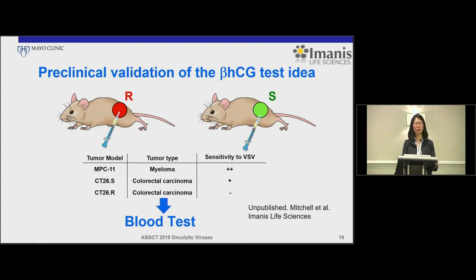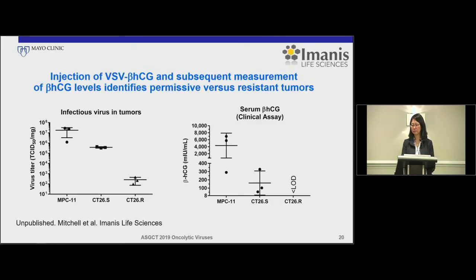So we had our models here, MPC11, the myeloma model that you have seen is highly permissive. CT26 that's sensitive is a colorectal murine cell line, sensitive to VSV, not as much as MPC11, and the resistant clone of CT26. And what we did was to implant the tumors, give a dose IT, and we did a blood test.